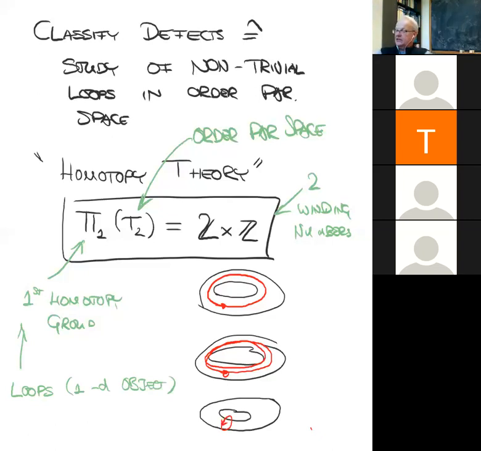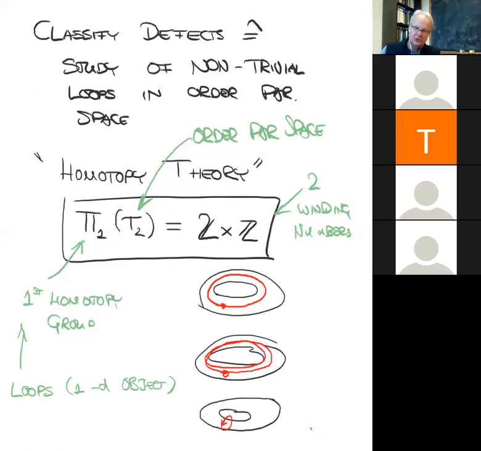And you'll see in a second that there are more complicated objects where the thing we do in real space is more than just a one-dimensional walk. Maybe we do something in 2 dimensions or in 3 dimensions, and then you need homotopy groups with higher indices like 2 or 3. So we'll see examples of that in a second. And why is it a group? It's a group because you can take different loops in order parameter space and just compose them together.